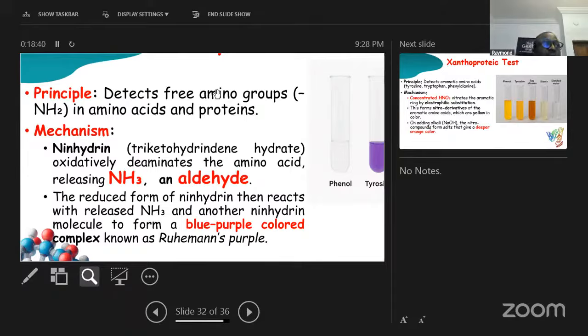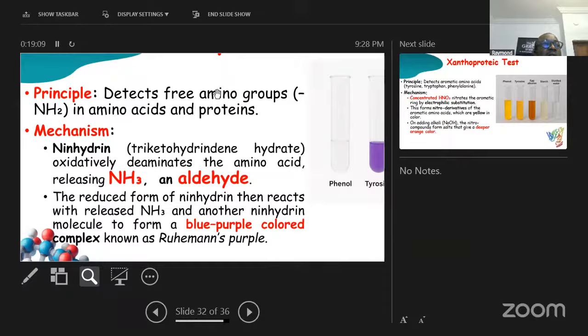Proteins. So capture that: free amino groups in amino acids and proteins. Most proteins have a free amino end because every protein must have an amino end and a carboxylic end. So that free amino end will react with the Ninhydrin reagent.